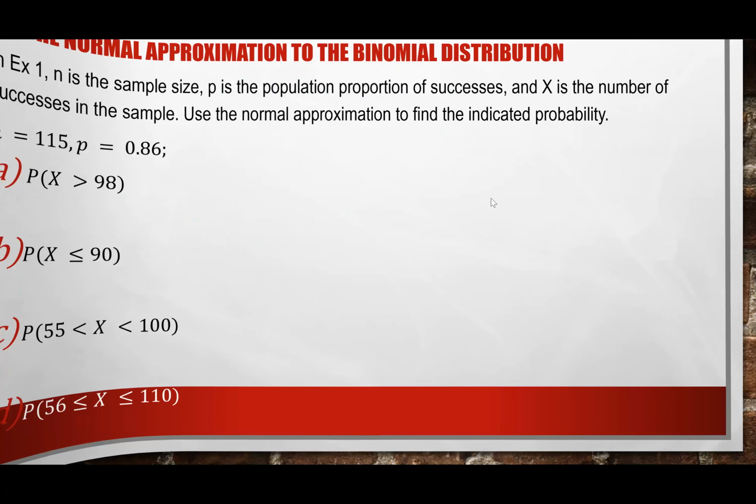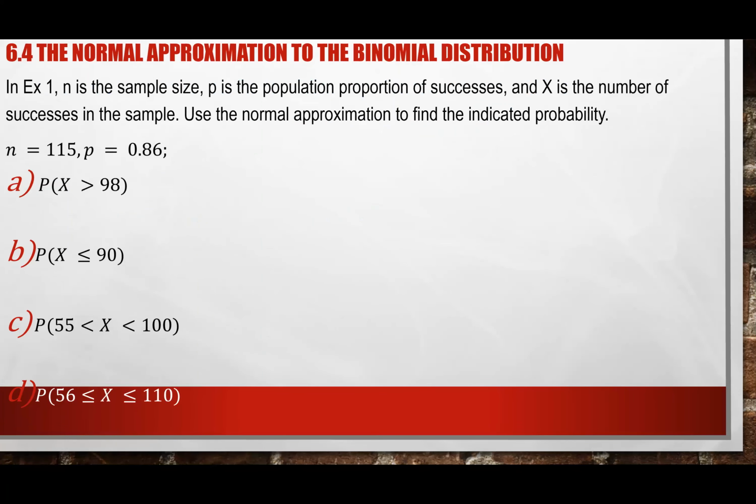So let's take a look at this item. Let's say that in this example one, they say n is the sample size, p is the population proportion of a successful item, and x is the number of items you want to come out. Use the normal approximation to find the indicated probability.